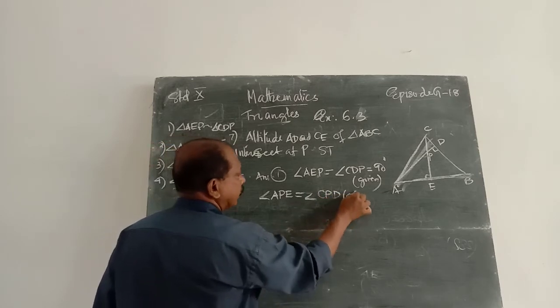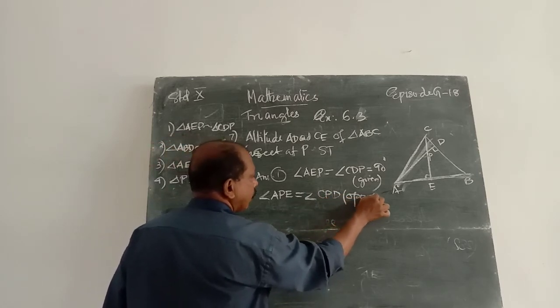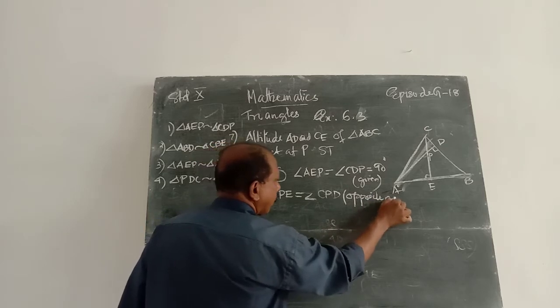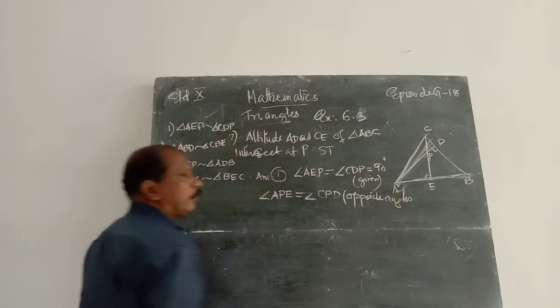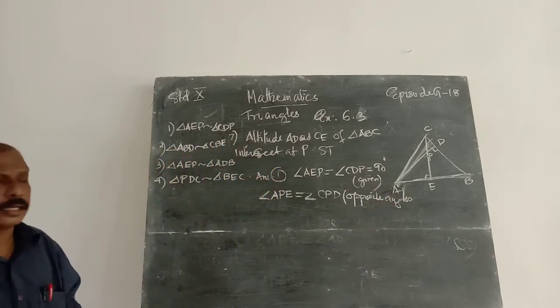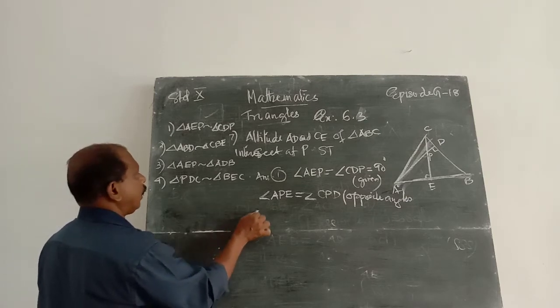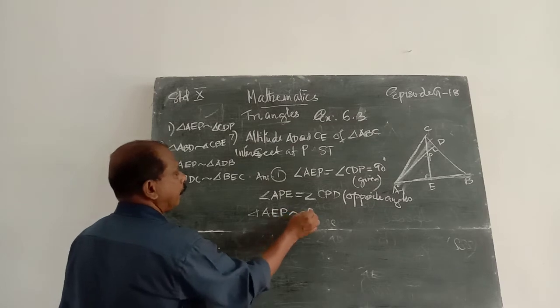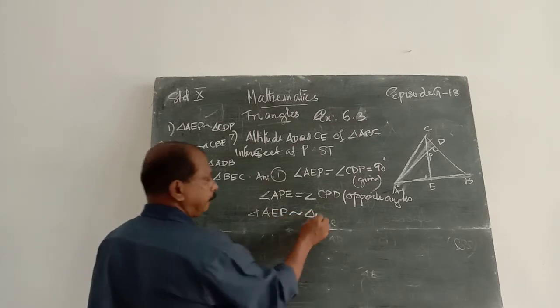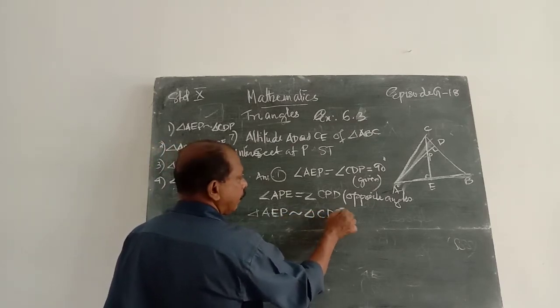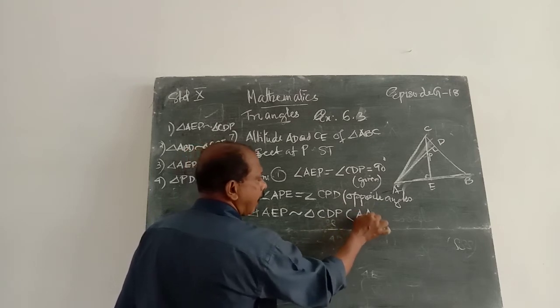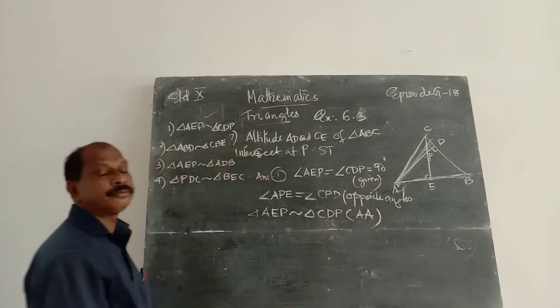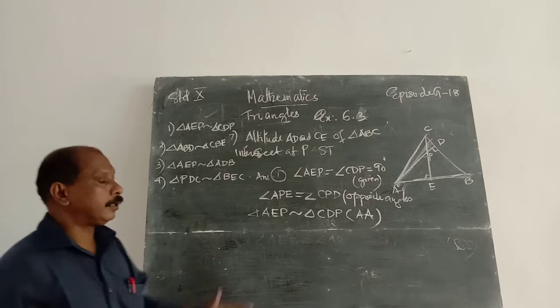That is opposite angles. Therefore, two angles are equal, then the third angle is also equal. Therefore, triangle AEP is similar to triangle CDP. That is angle criteria of similar triangles. That is the first answer.